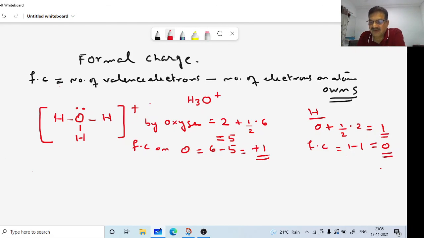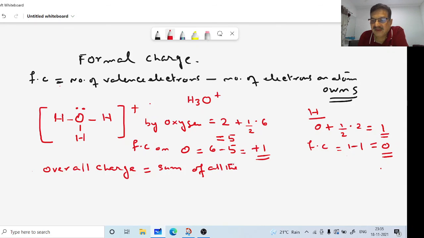Now, once we have determined the formal charges on individual atoms, we can see the overall charge on the ion here. It is equal to the sum of all the formal charges. So what will be the sum of all the formal charges?